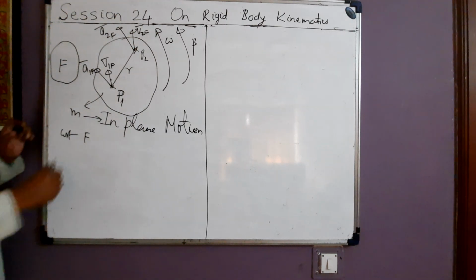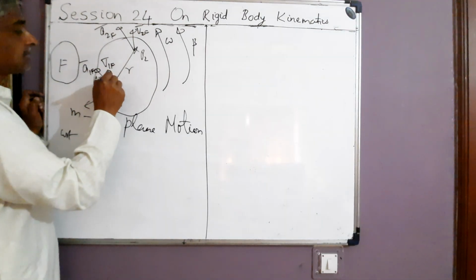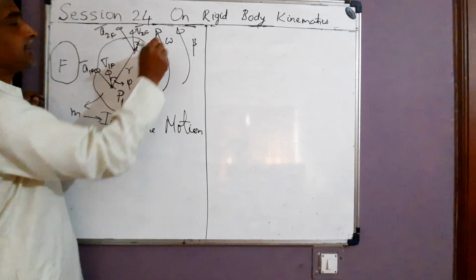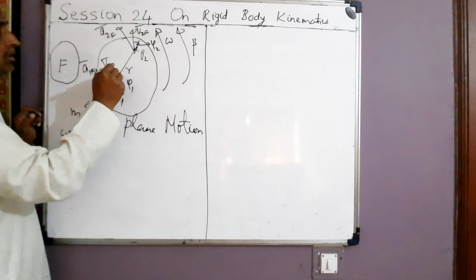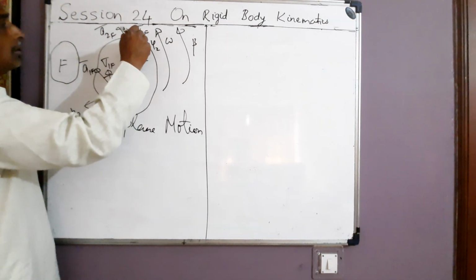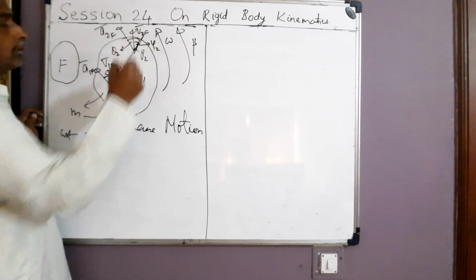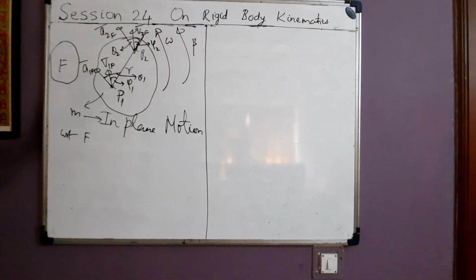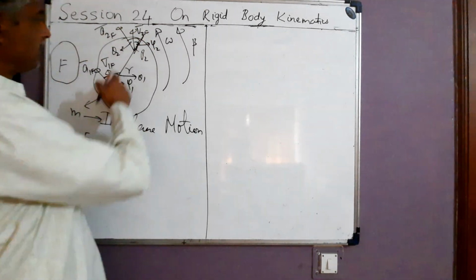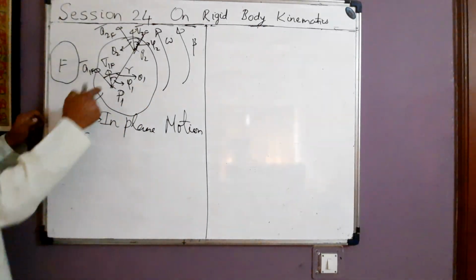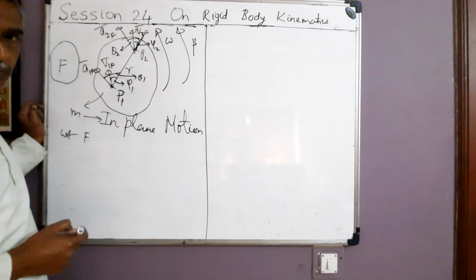Suppose this angle is psi 1 and this angle is psi 2, and this angle is theta 1 and this angle is theta 2. P1 and P2 are two locations of M, real or imaginary, any one of them. So the distance between P1 and P2 is fixed.